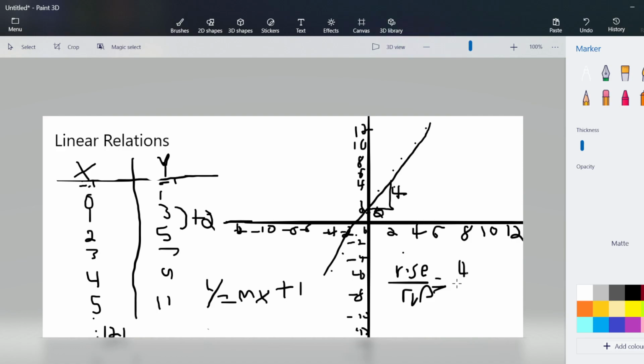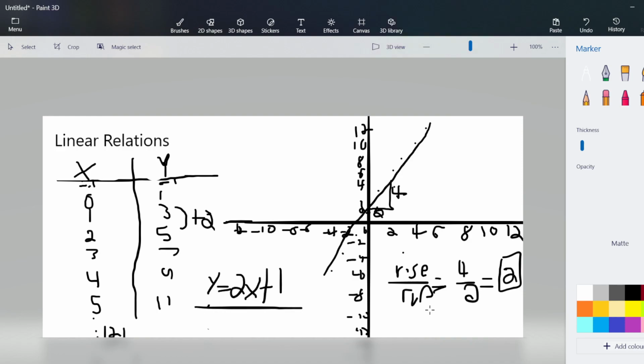This equals 4 divided by 2, which equals 2. And as you can see, this is our slope. So now we can finish the equation: y is equal to 2x plus 1. This is how we get an equation from a graph of a linear representation.